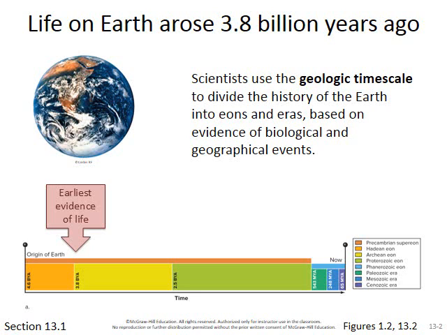And so the Earth is thought to be 4.5, 4.6 billion years old. That's billion with a B. And life is thought to have started on Earth 3.8 billion years ago.